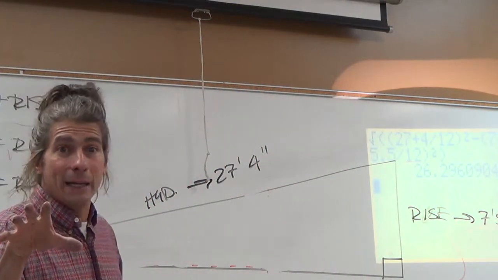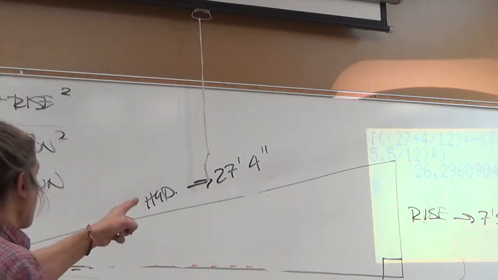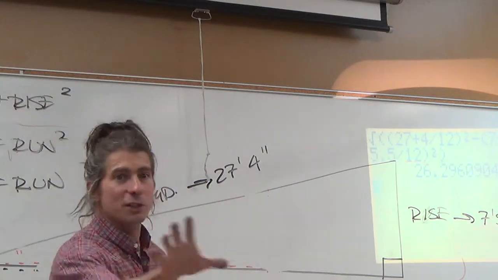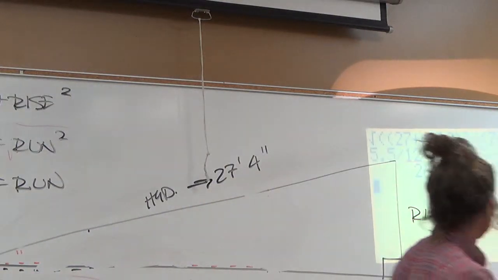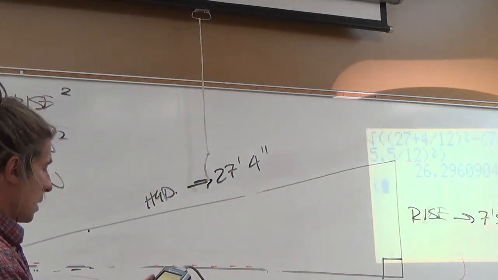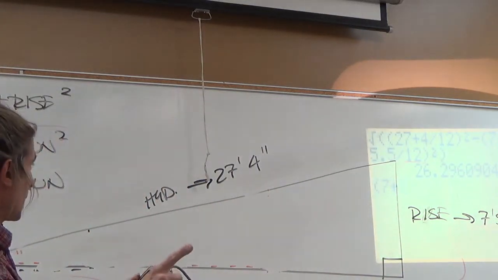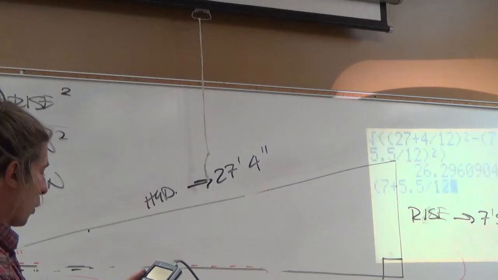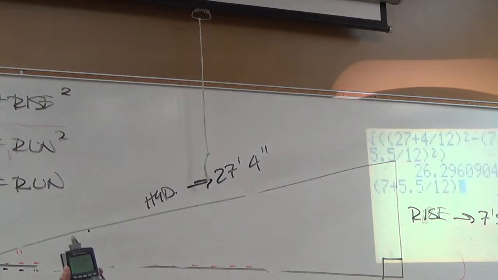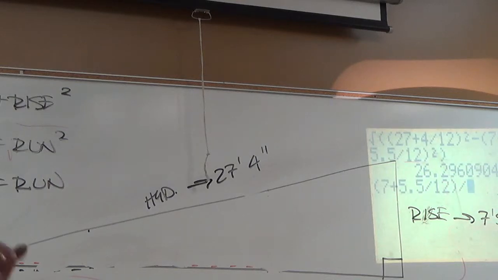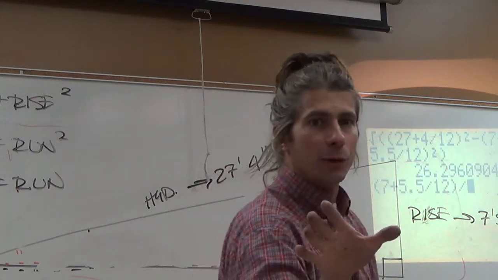Ready to do the grade? Yeah. Let's do it, because now we have the numbers we need. Watch this fanciness. I can do 7 plus 5.5 over 12. That's the rise, correct? And then I can divide by, now I can type all that number in here, or here's something you may have learned in your previous classes.